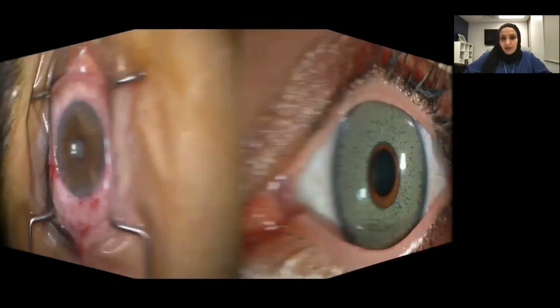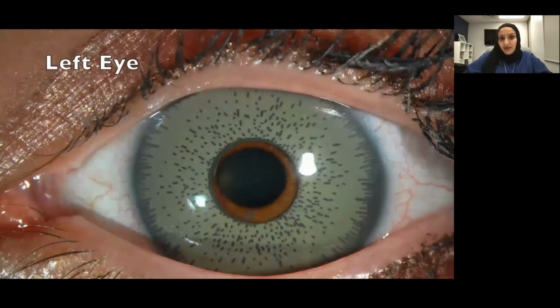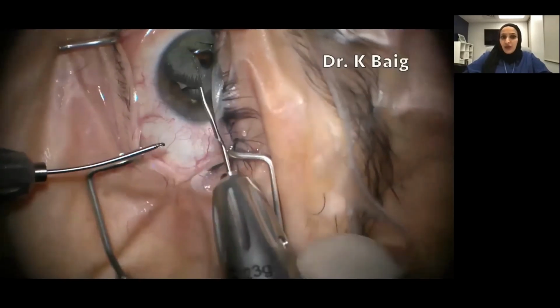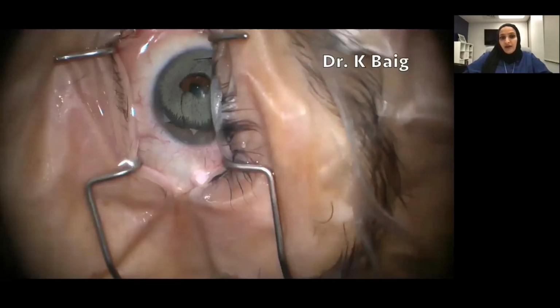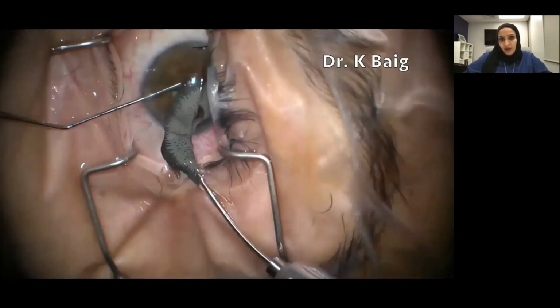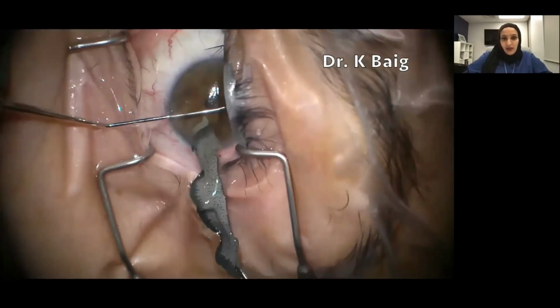First implant was removed. This is the left eye. Same procedure, cutting the iris implant, and then removing it, trying to protect the cornea with the cannula of the viscoelastic.